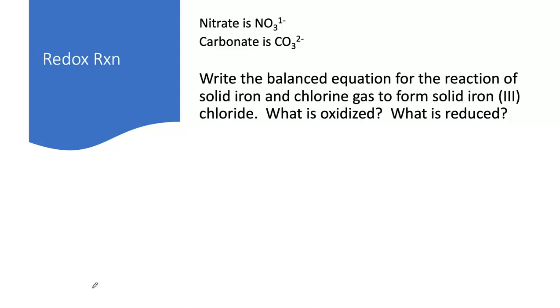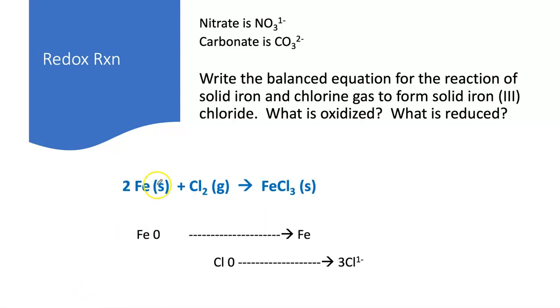And you didn't even need those polyatomic ions, so hopefully you came up with this reaction right here. We've got iron 3 chloride, and I'm just checking to see, it's not quite balanced yet. So we're going to need those coefficients right there.